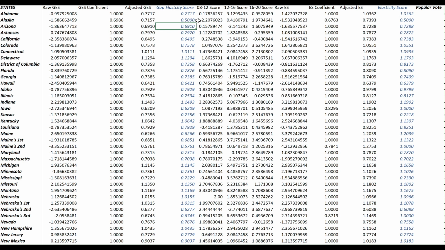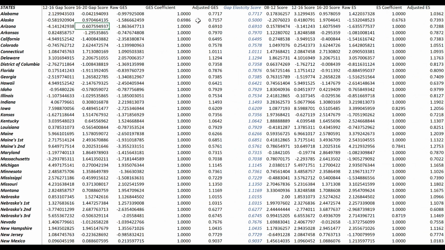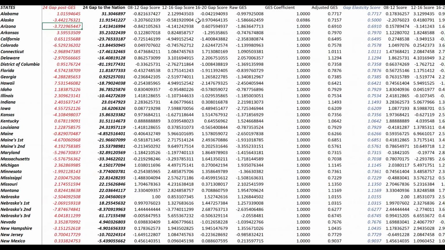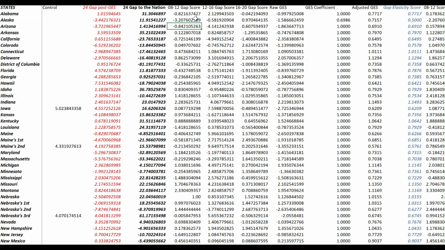That's what we're talking about with the gap elasticity score. And in fact, the Arizona gap to the nation projected margin is 1.4.